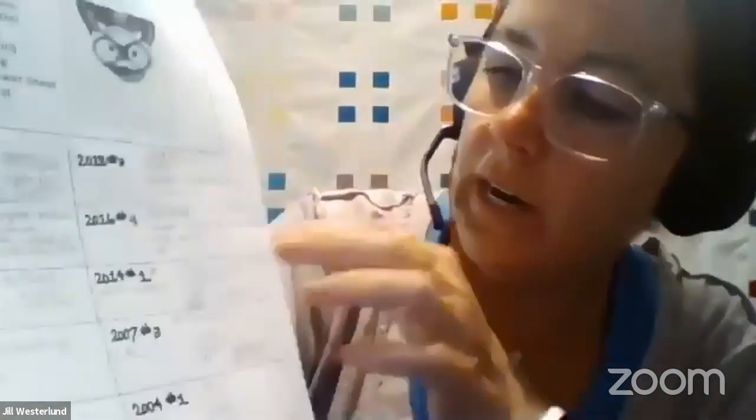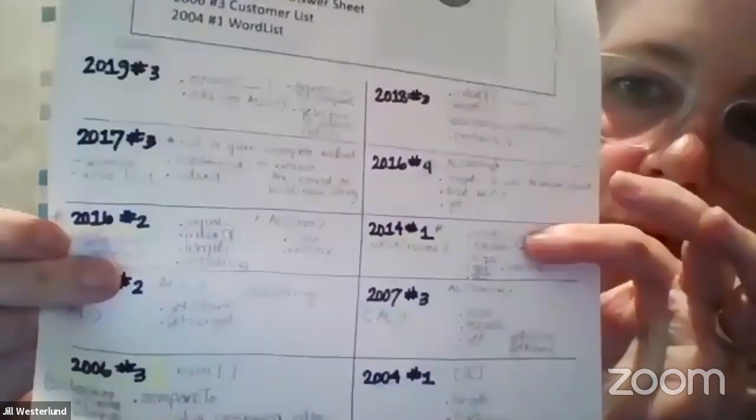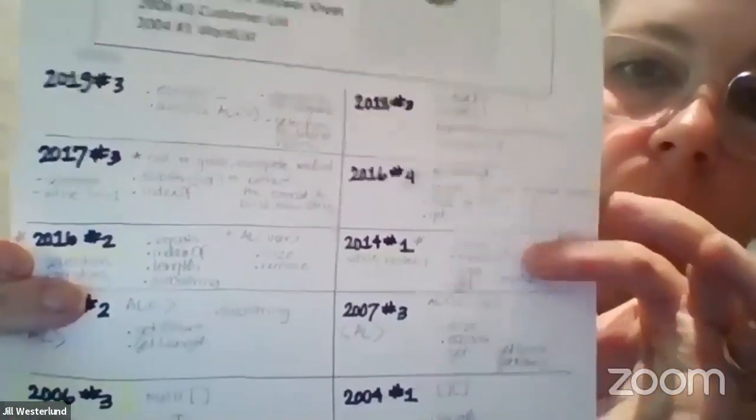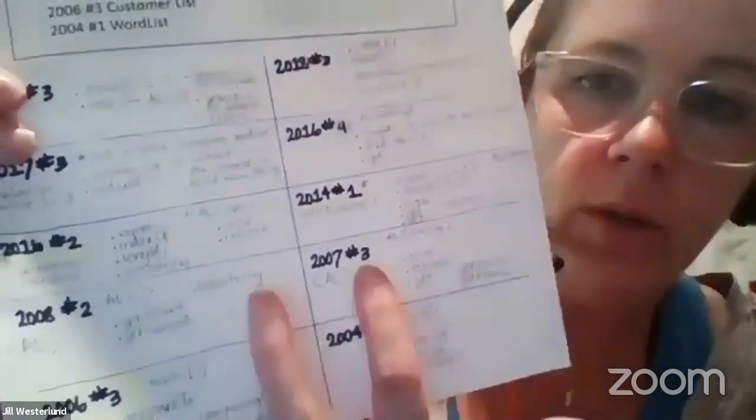The other ones that I really, really liked when I was looking at them were these two. 2016 number 2 and 2014 number 1. They used a variety of string methods that we've talked about this week. The ones I didn't think were probably the best to look at this week were these two, 2008 number 2 and 2007 number 3.